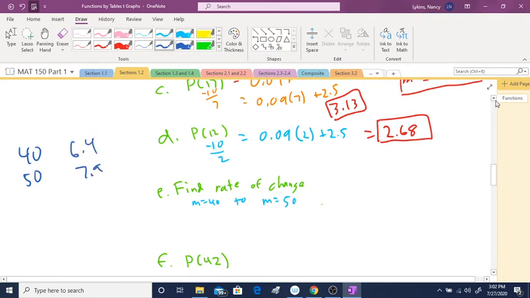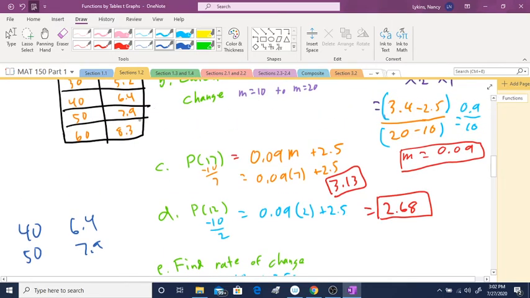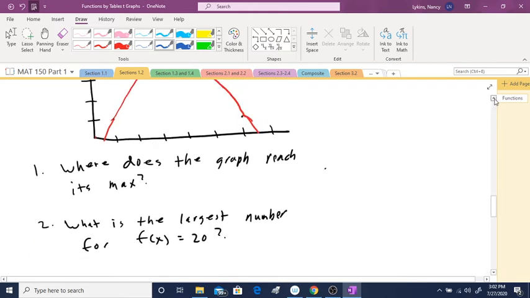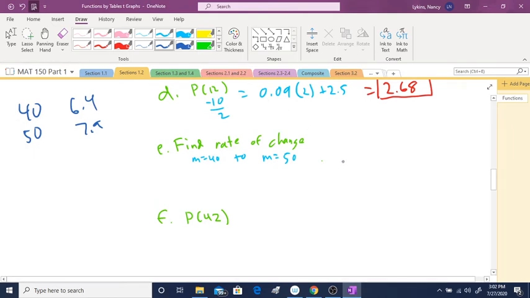So let's see. I want to just go back to make sure I'm doing this right. There's my 6.4 and there's my 7.9. So I'm going to still use my slope formula. I'm going to say, okay, this is my y2, y1. So I'm going to say 7.9, subtract 6.4.